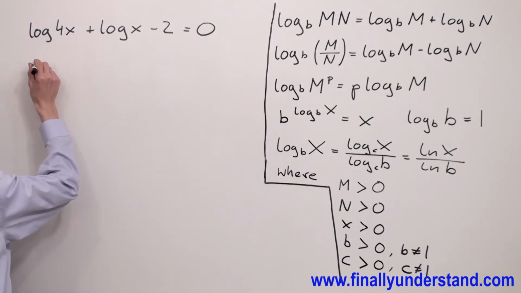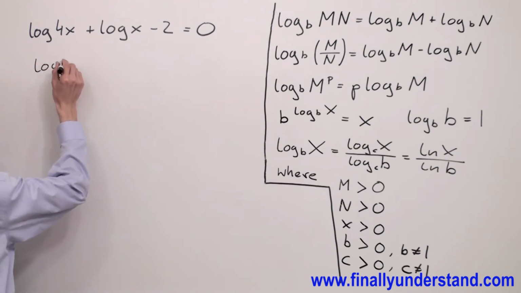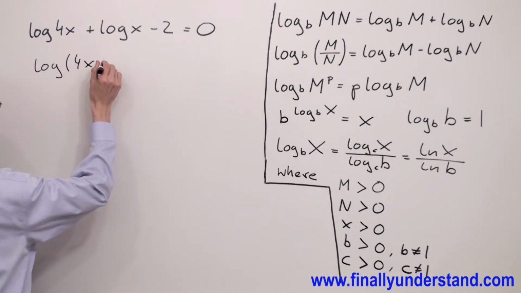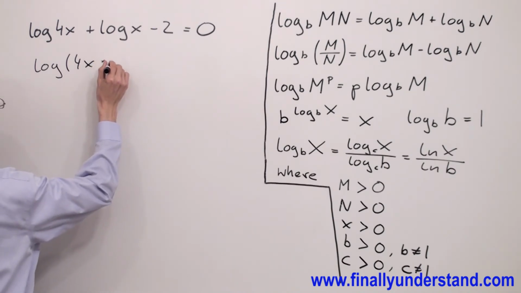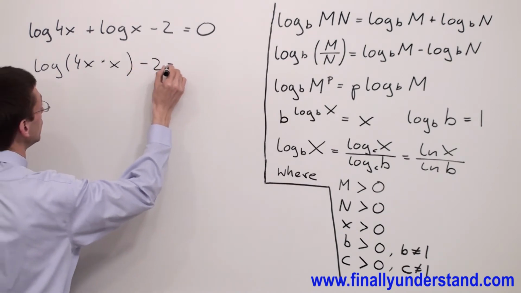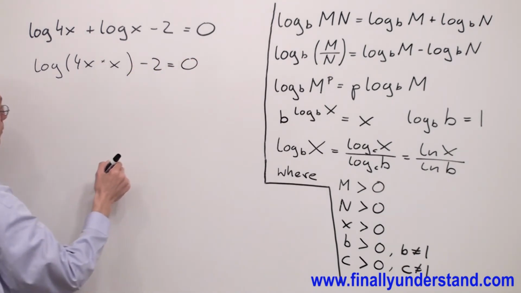as log, open parenthesis, 4x times x minus 2 is equal 0.